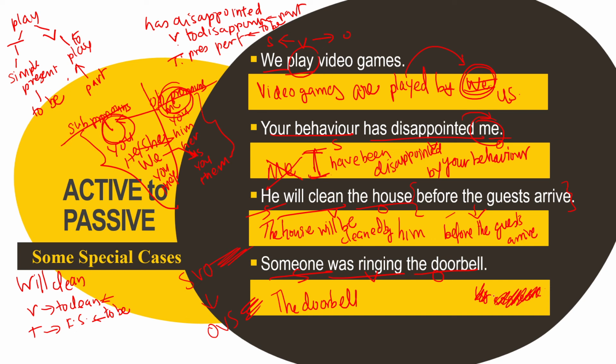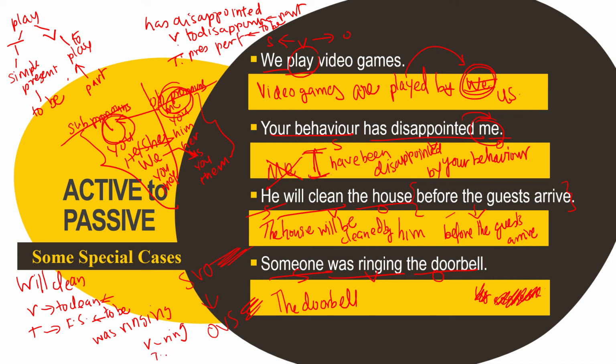This is the case of the passive sentence without a subject, where you don't know who's done the action, or it's not important who's done the action. The action is more important. So you just omit the subject in the passive sentence. And of course, you don't use the word by as well. You change the verb normally. Was ringing. The verb is to ring, right?